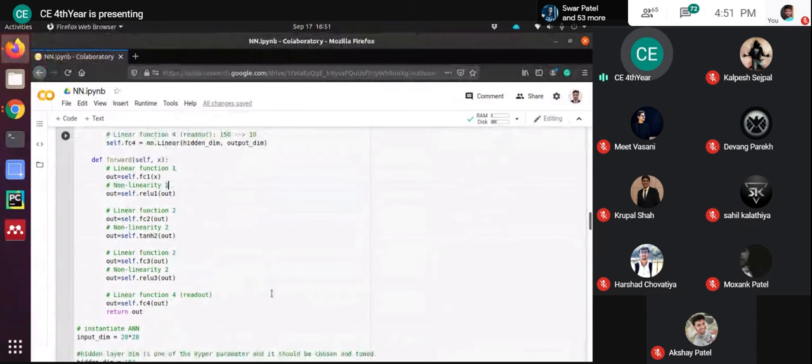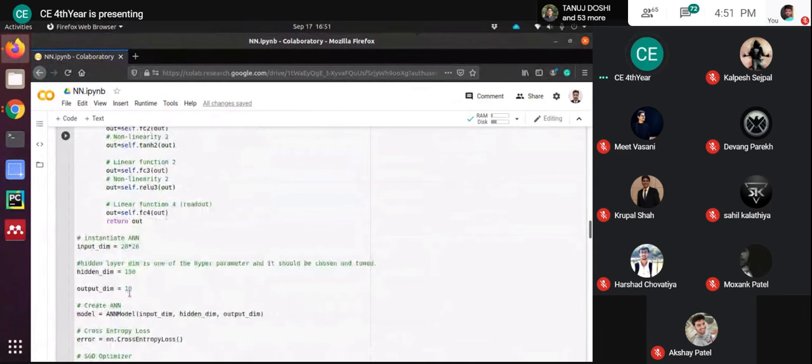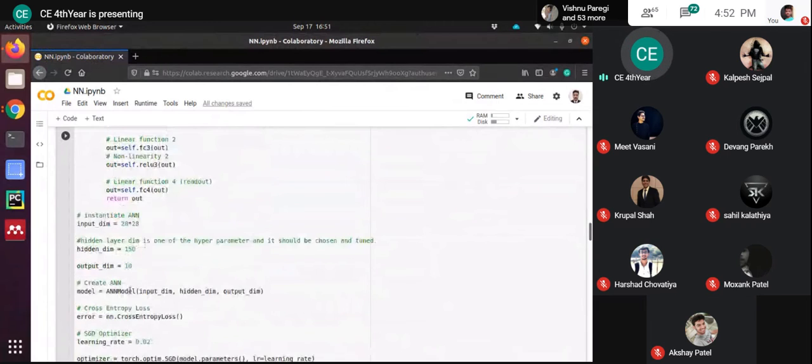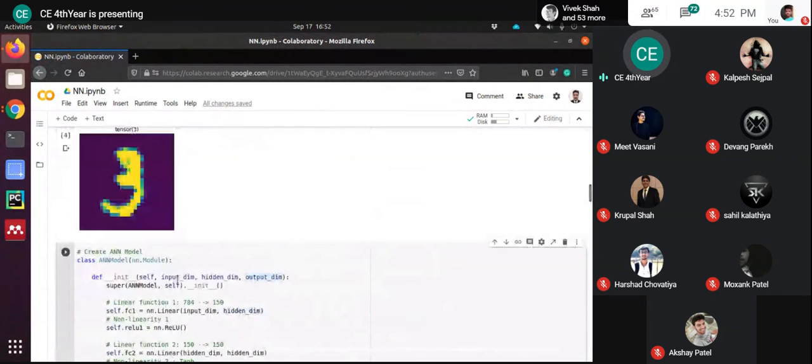Okay, so this part is ready. The input dimension that you already mentioned, hidden dimension, output dimension, and the model, that is the ANN model, we are going to call with the input, hidden, and output dimensions. Fine. So this class, the ANN model, will be called with that input.